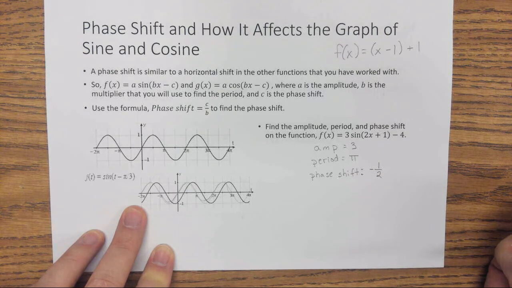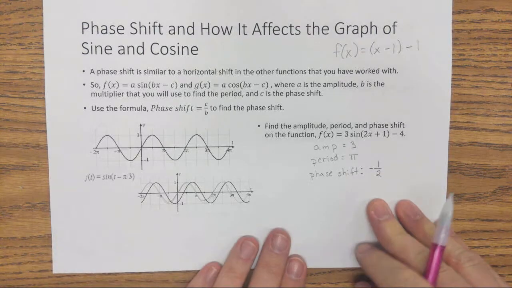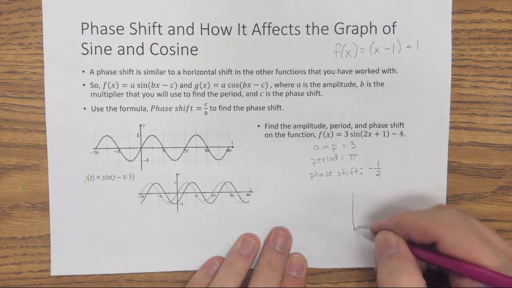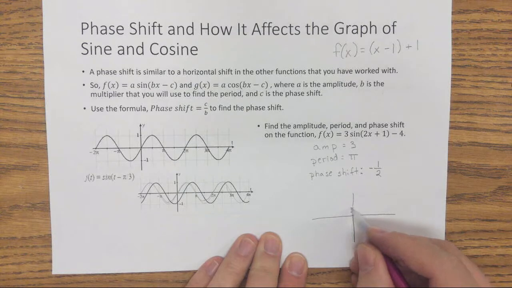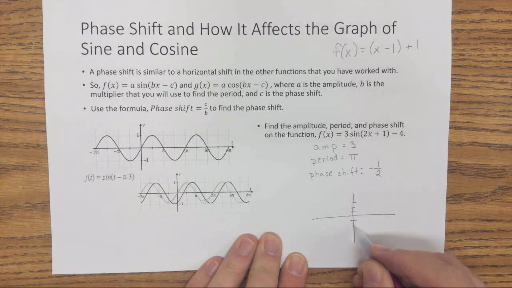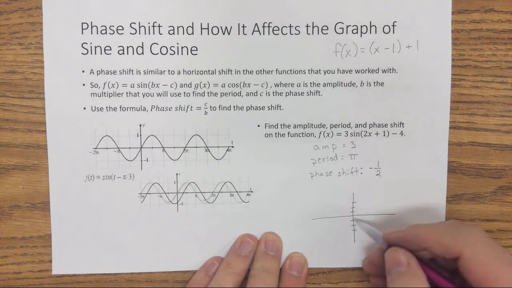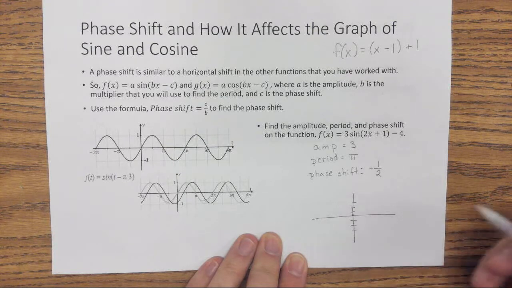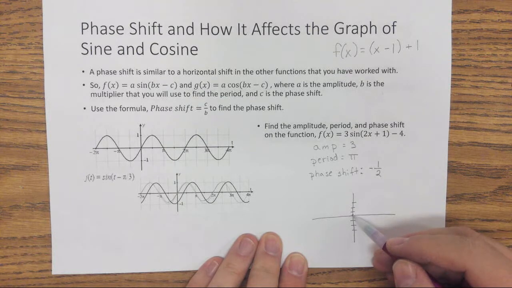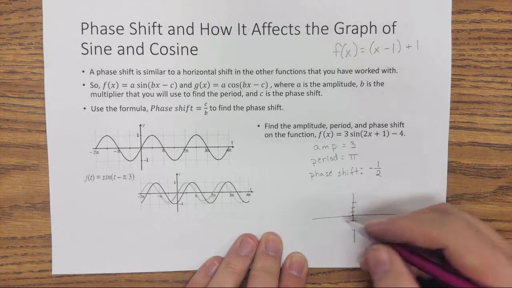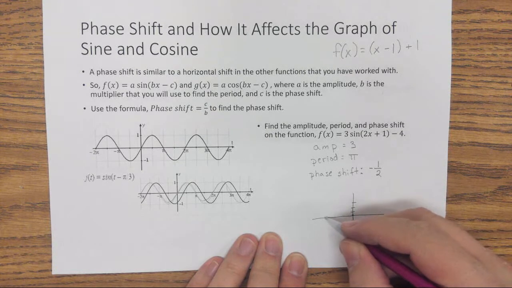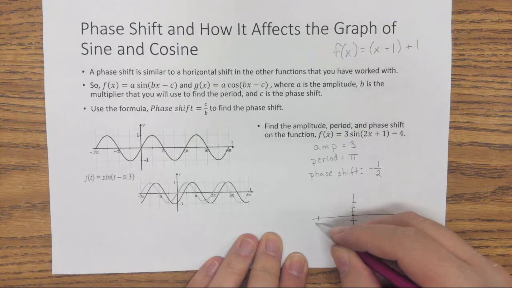Alright. So again, if I was going to make a quick sketch of this, 1, 2, 3, 1, 2, 3. I know my initial point is at 0 for my parent function. I'm going to just shift it over a little bit. So let's mark pi up here. So here's pi.